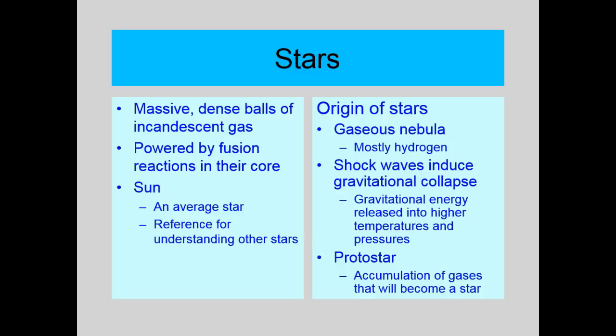Gravity is always an attractional force, and it always requires proximity. So what you need are masses and distance. And if the masses are close enough together, they're attracted. So this shock wave has pushed some of these gaseous nebulae that are just out there floating around close enough together, now they're attracted to each other. So they don't go back to where they were before.